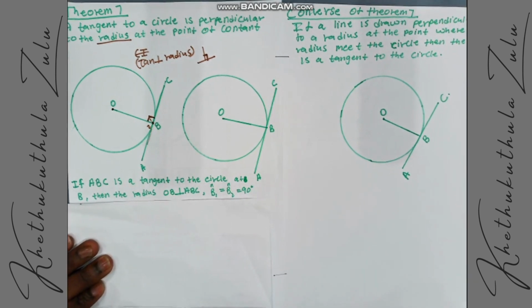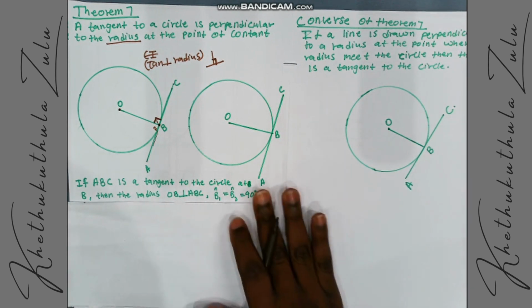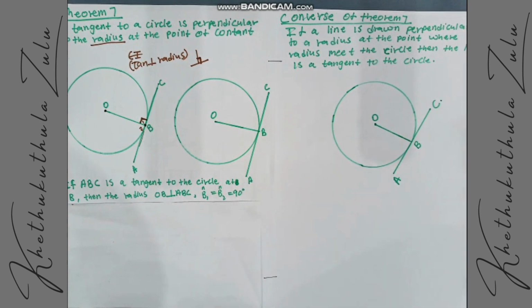That's the theorem. And then the converse theorem of this one. Now this converse is to be applied if you need to prove that we have a tangent in that particular circle. You need to prove that a line is a tangent.